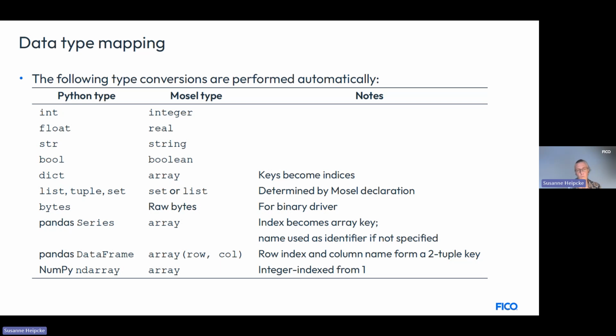The second index moves across, if you think about this represented two-dimensionally, so the columns, using the field names. That is usually a text field, so a string index. And then we have the NumPy ndarray, which also matches the Mosel array.